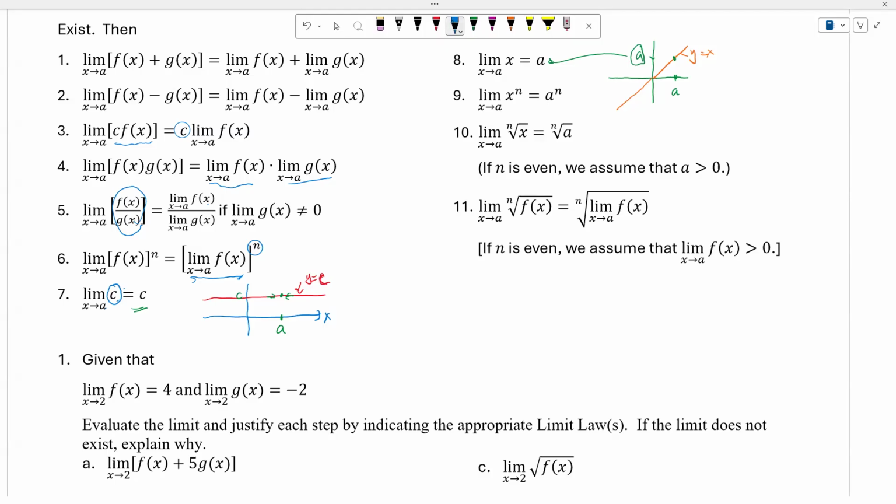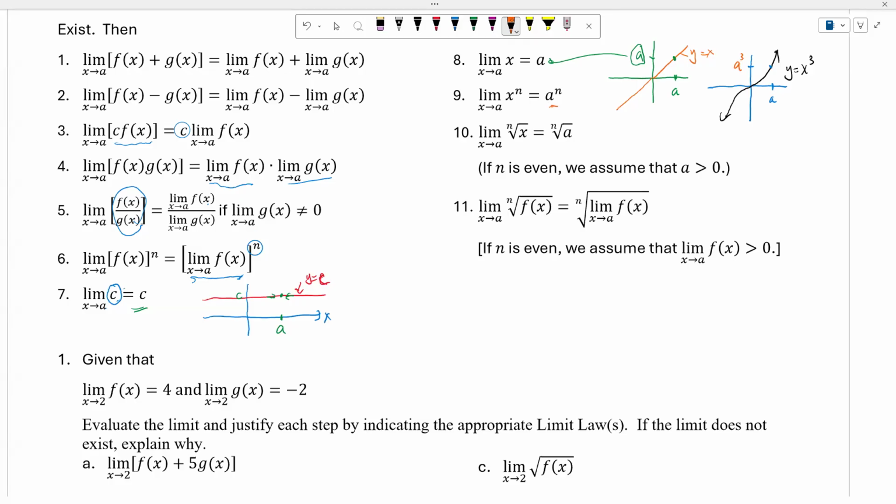For example, if we have the function y equal to x to the power 3, then if the input is a, my output will be a to the power 3.